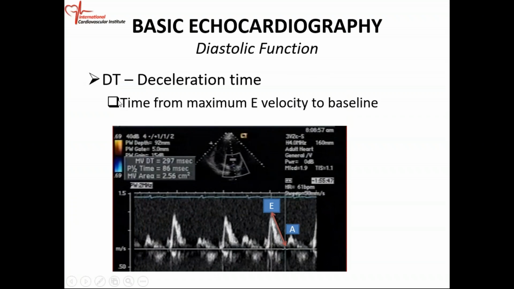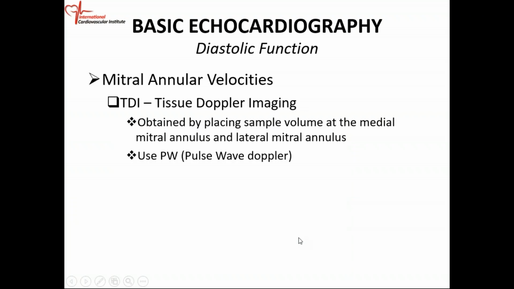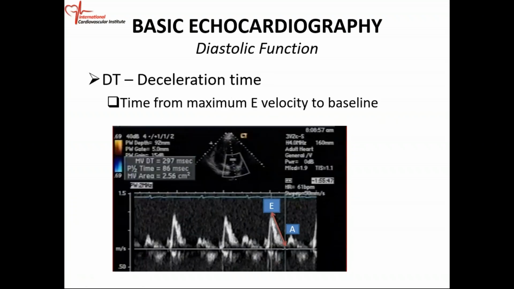Again, the deceleration time is the time from maximum E velocity to the baseline, the time it takes from peak E to the baseline. And you're going to measure your E velocity, your A velocity, and also your IVRT.